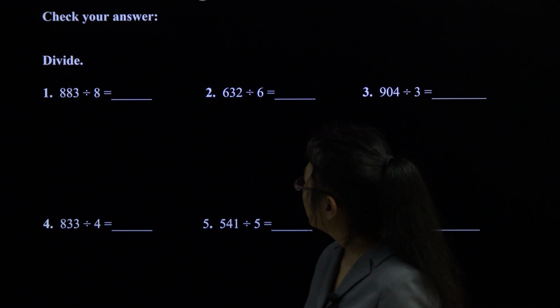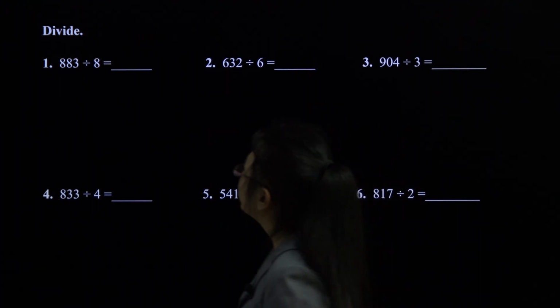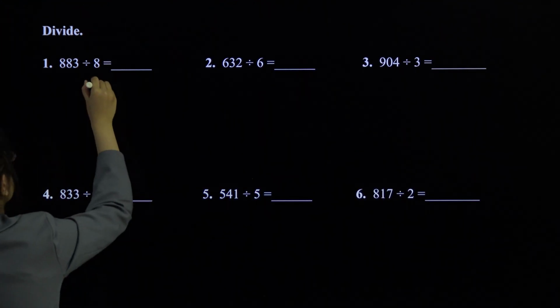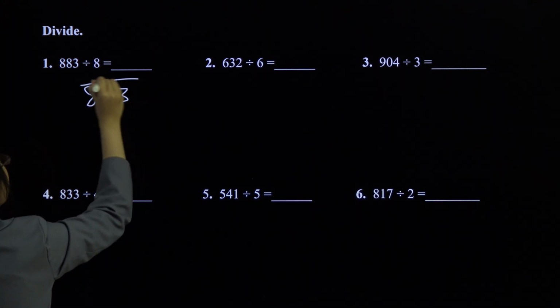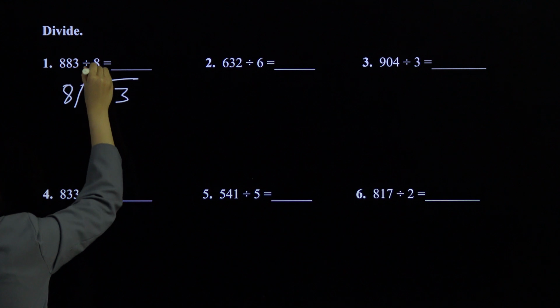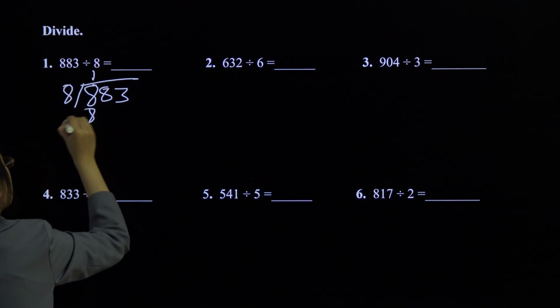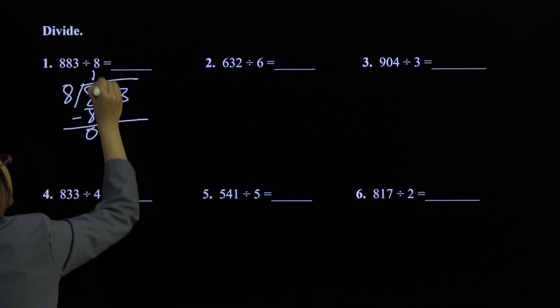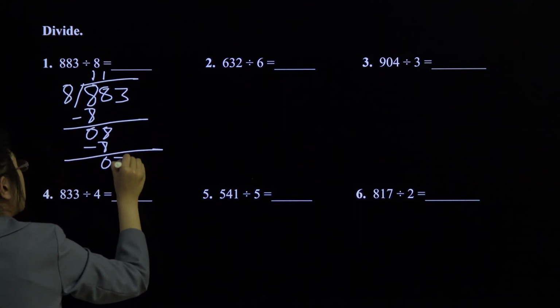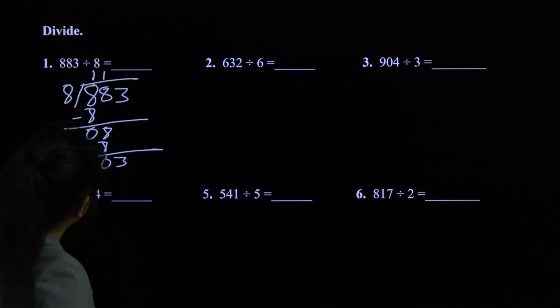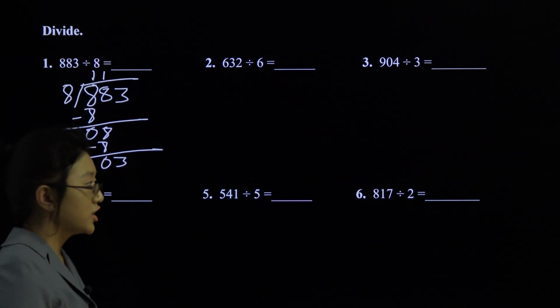Now, let's do some division. Okay, 883 divided by 8. 8 goes into 8 once. You drag down the next digit. 8 goes into 8 once. You drag down the next digit. But, well, you can't do anything with this digit.